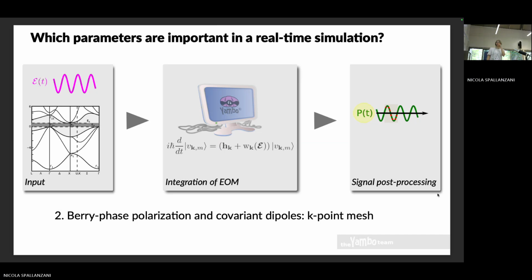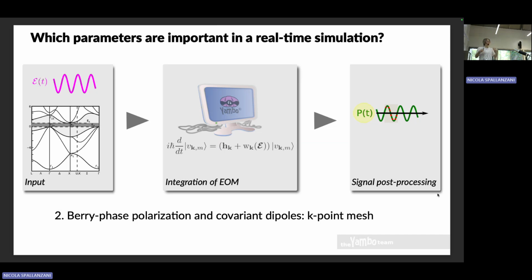Then you have to calculate the value phase at the combined dipole. If you remember in the discrete expression, you have to have this overlap at k-points, neighbor k-points.